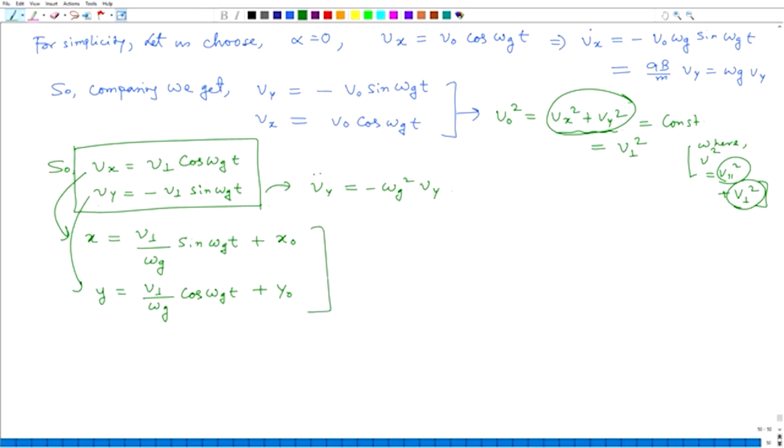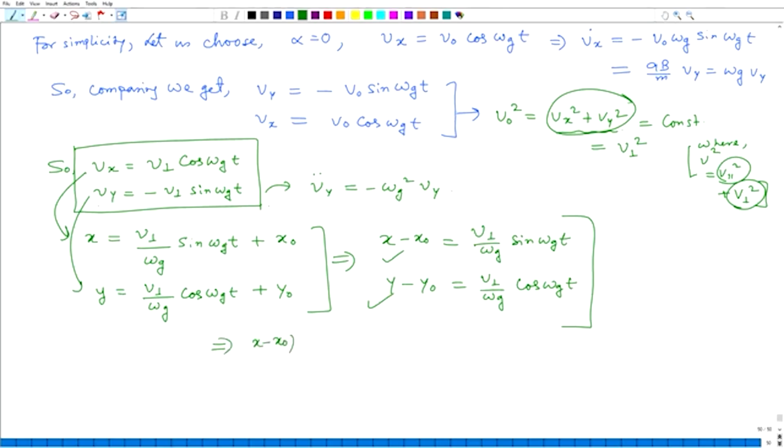Then finally again you will have x minus x0 is equal to V perpendicular by omega g sin omega g t, and y minus y0 is equal to V perpendicular by omega g cos omega g t. What is the message from that? If you now do the squaring and adding of these two, you again will have x minus x0 square plus y minus y0 square will be equal to V perpendicular square by omega g square.